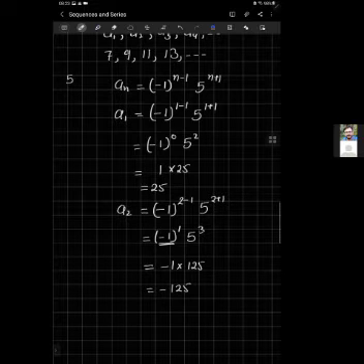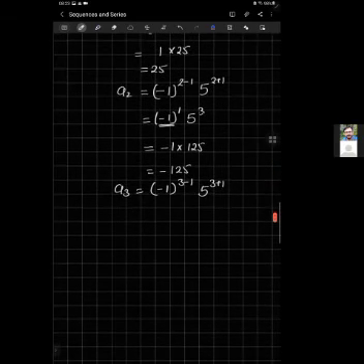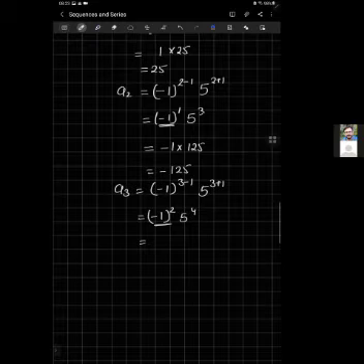Next is third term I am calculating, minus 1 to the power 3 minus 1, 5 to the power 3 plus 1. Minus 1 to the power 2, 5 to the power 4. Now negative to the power even. Negative to the power even will be positive into 625. So now let us write the terms.